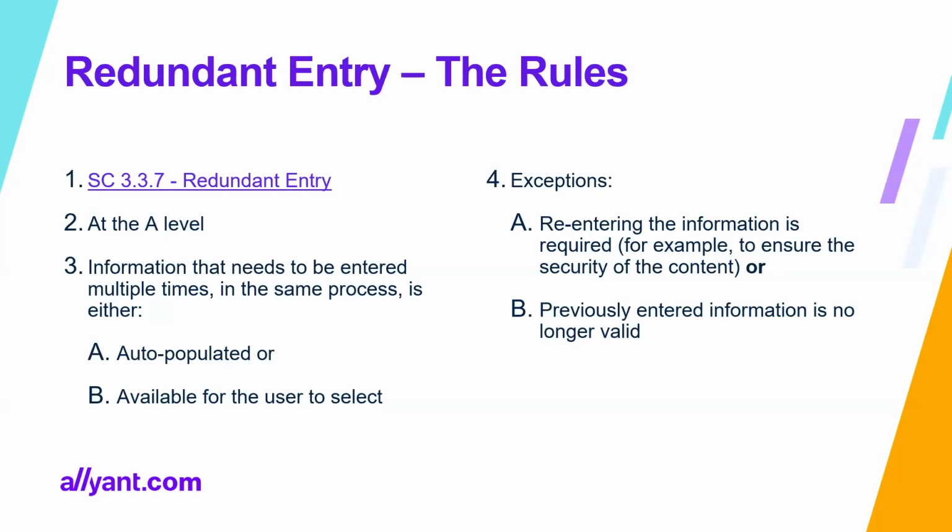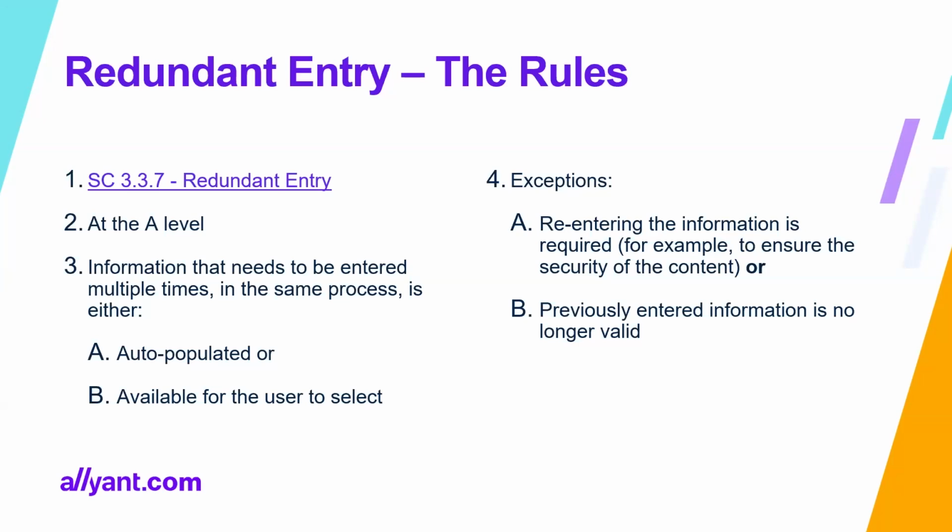So that's one way to meet the requirement, is to have the fields automatically populated. The other way to meet this requirement is to make sure that that content, the account number in this example, is available for the user to select. Of course, then to copy and paste it right into subsequent fields.